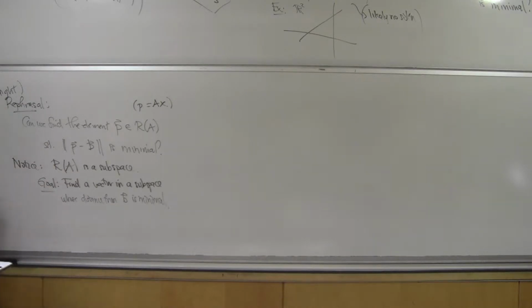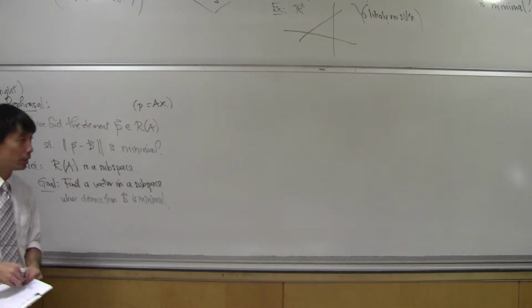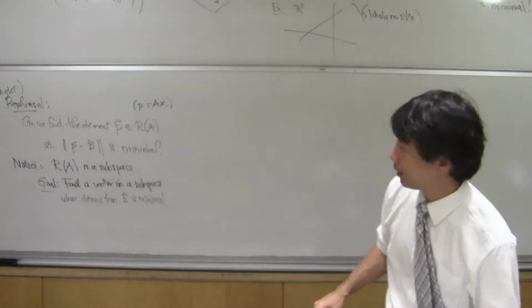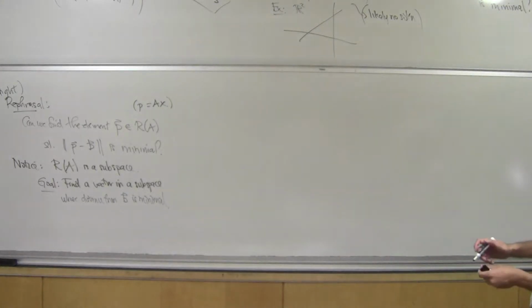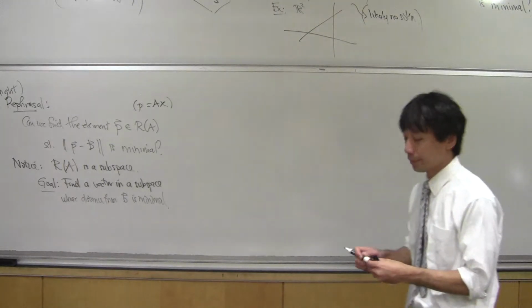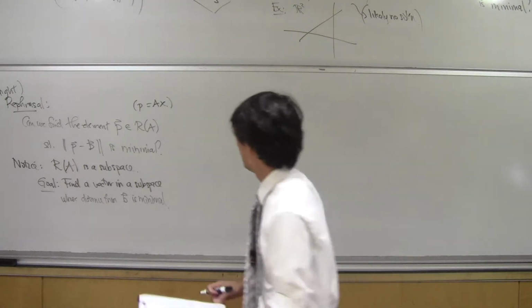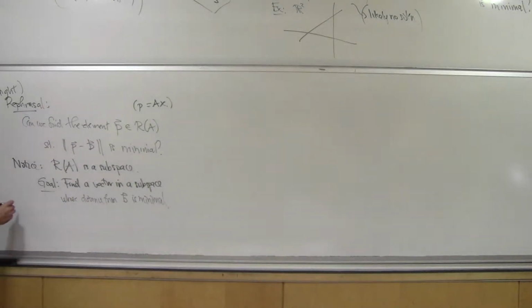That's our general goal. We have some subspace S, say, and we have some vector b, and we want to find a vector in the subspace such that the distance to that external vector is minimal.